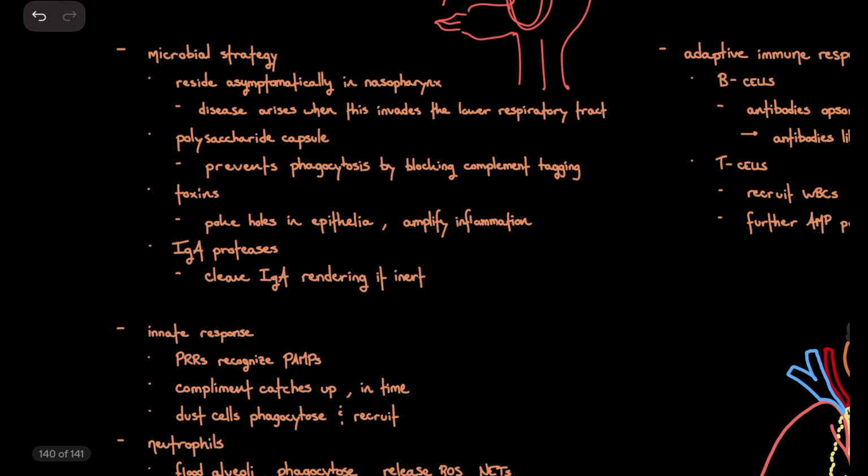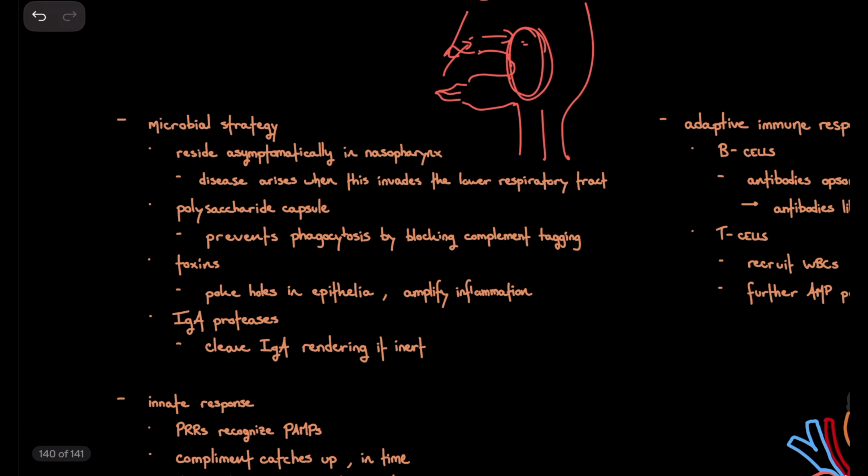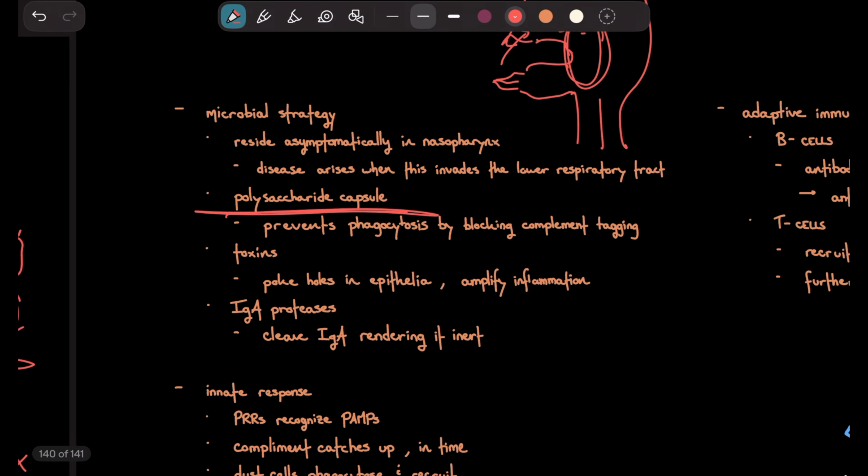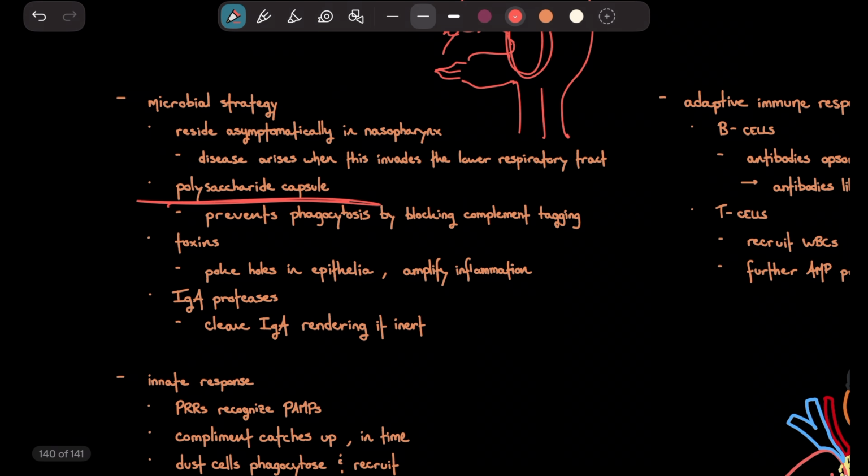It's lying dormant. Another cool thing on pneumonia membranes is something called the polysaccharide capsule. You can think of it as a plate of armor on their membranes, making phagocytosis and tagging a little more difficult.